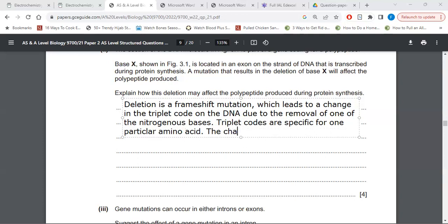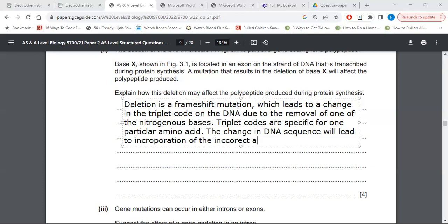The change in DNA sequence or the change in triplet sequence, whatever terminology you guys prefer, will lead to incorporation of the incorrect amino acid in the polypeptide chain. Now we will turn this on to relate this to the topic of our proteins.